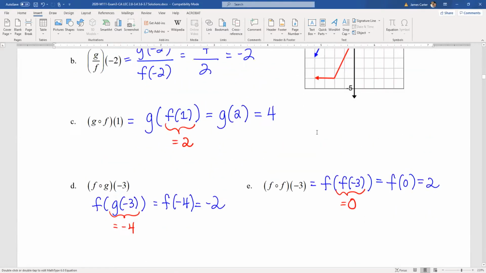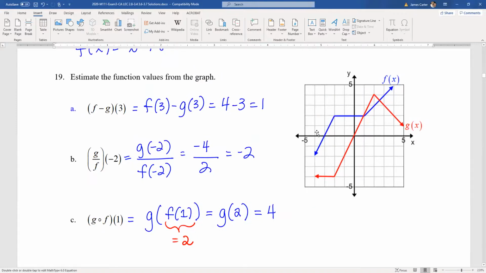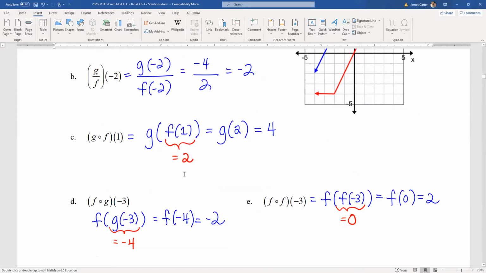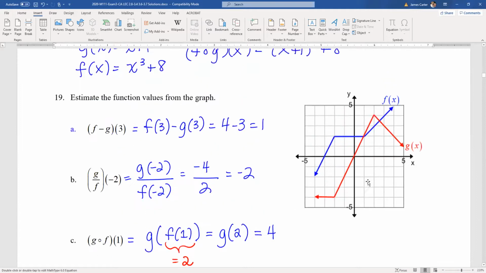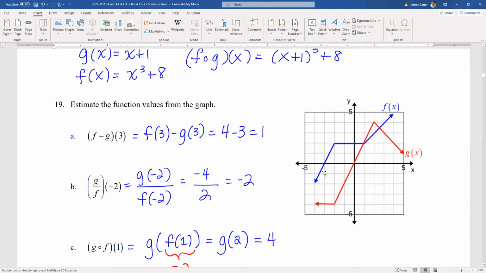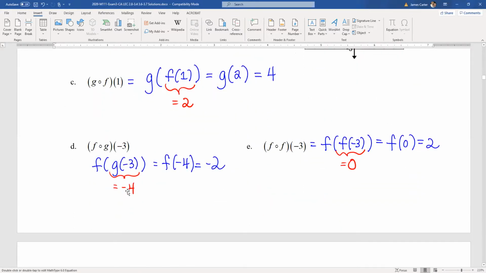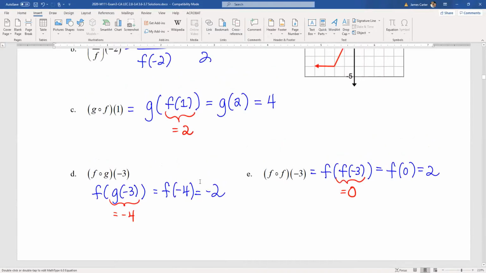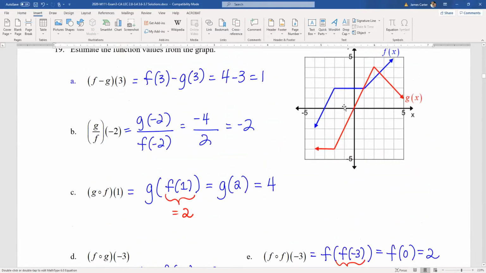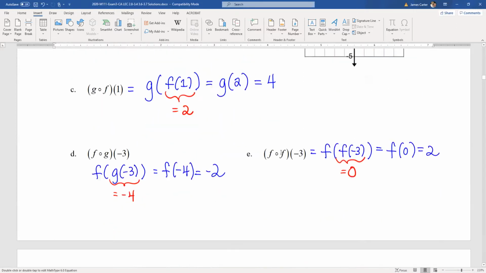And g of 3 is -3. 1, 2, 3, and go down, which is -4. Then we take f of -4, 1, 2, 3, 4 on the f equation, then would be -2.